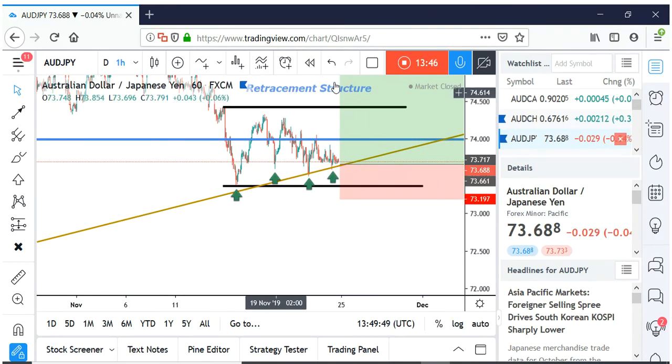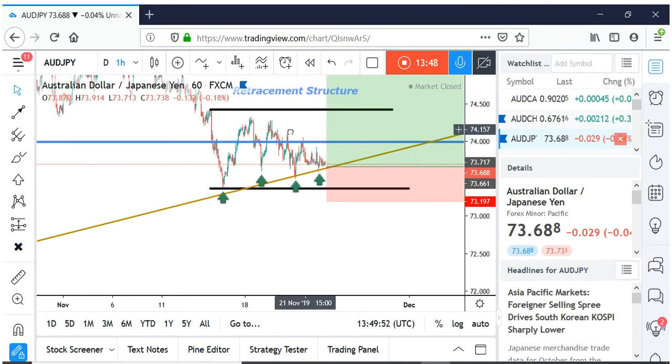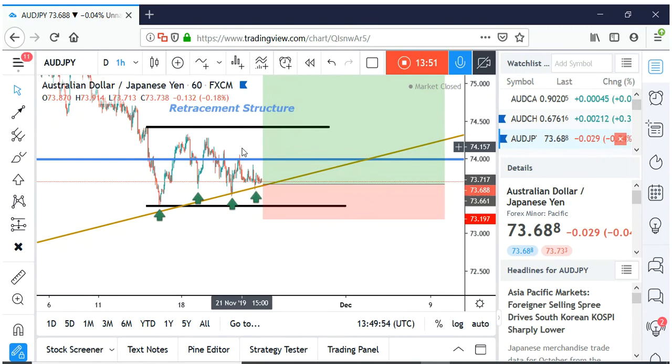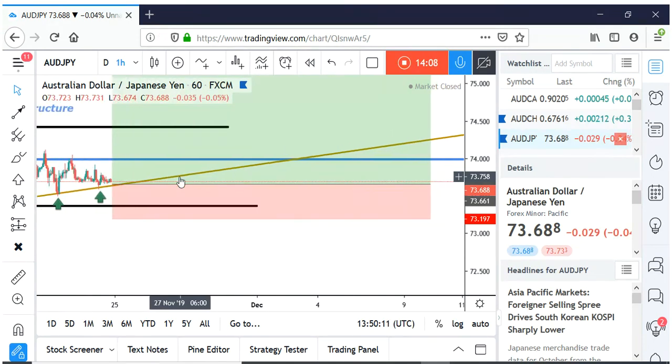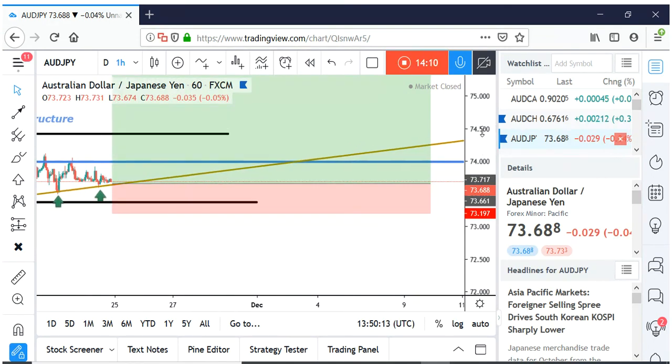It's a retracement structure. So now it's up to me and you to use our knowledge to identify a buy structure or a buy signal, a candlestick pattern that tells us to buy. So that is what we need to look for.